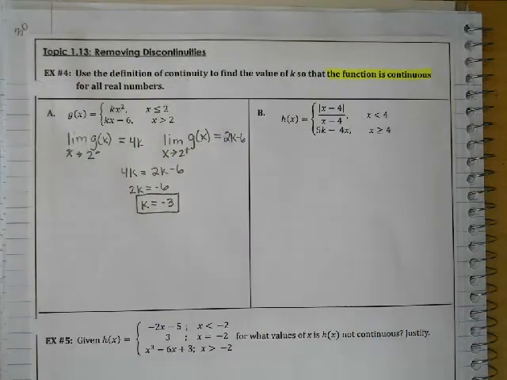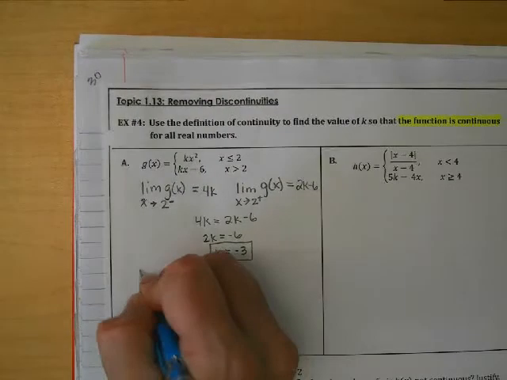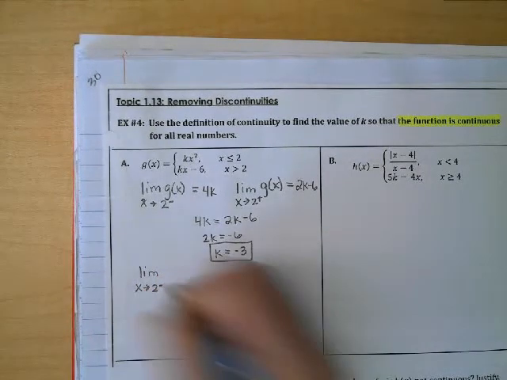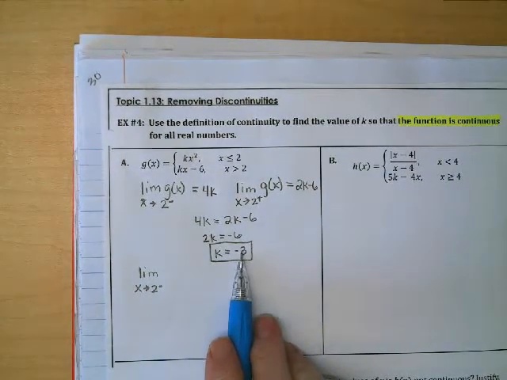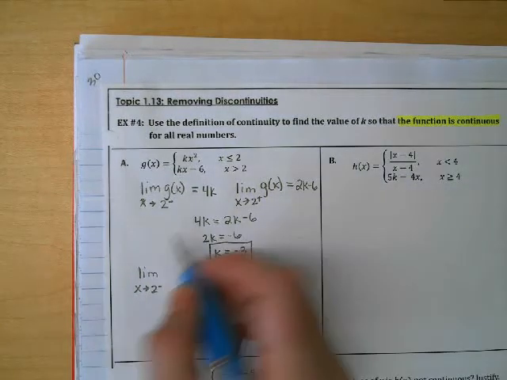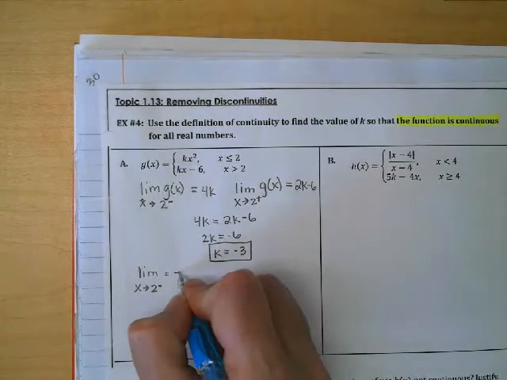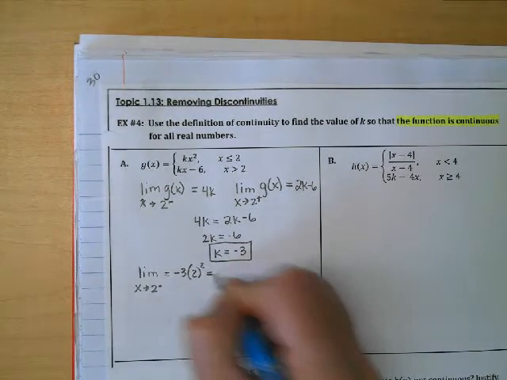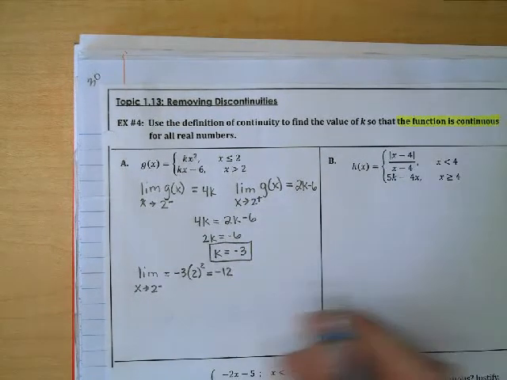Okay, so let's double check, and let's prove that it's continuous. The limit as x approaches 2 from the left, if k is negative 3, let's just go ahead and put it in, is negative 3 times 2 squared, which would be negative 12.